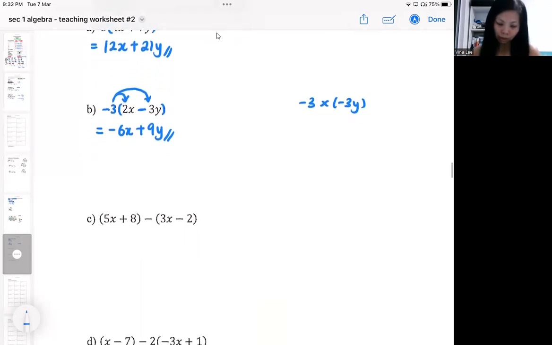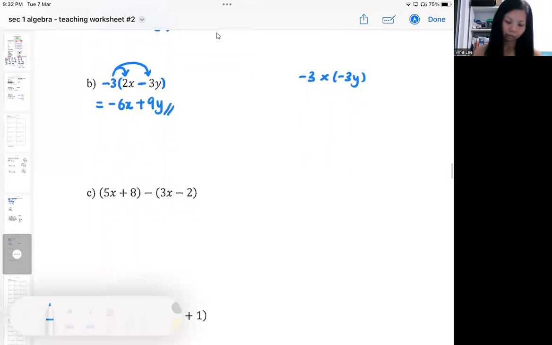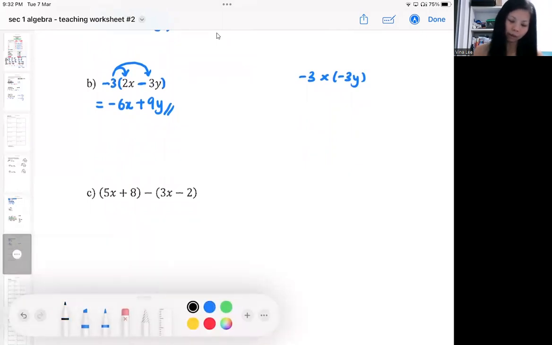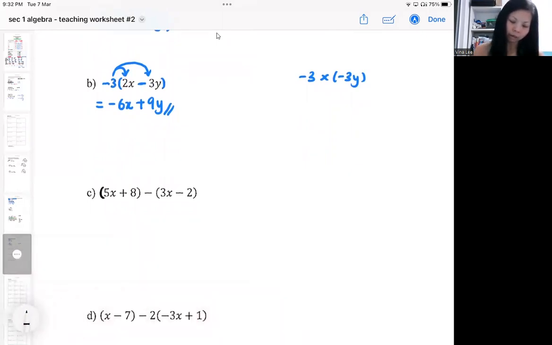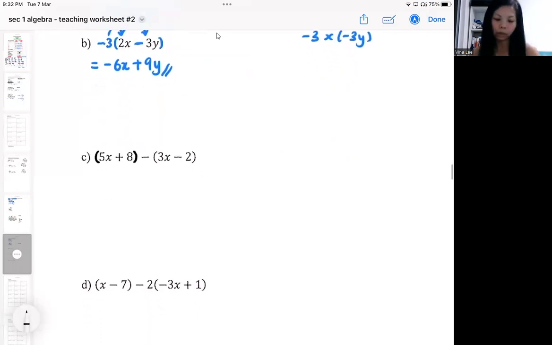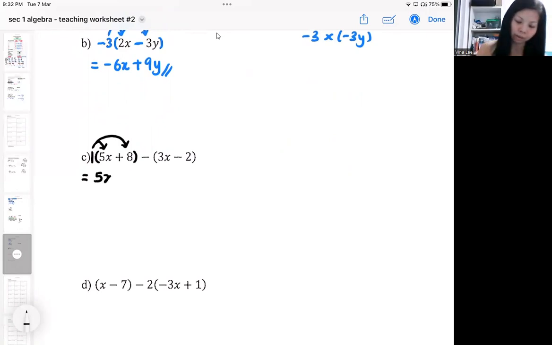So in the next one, we've got 2 brackets. How am I going to expand out the bracket? So there's a bracket, and who is going to open the door? The number that is outside. There's an invisible number, and this invisible number, you multiply. So you need somebody to distribute, to open the bracket. That will be the number 1. 1 times 5x, 5x. 1 times positive 8, positive 8.